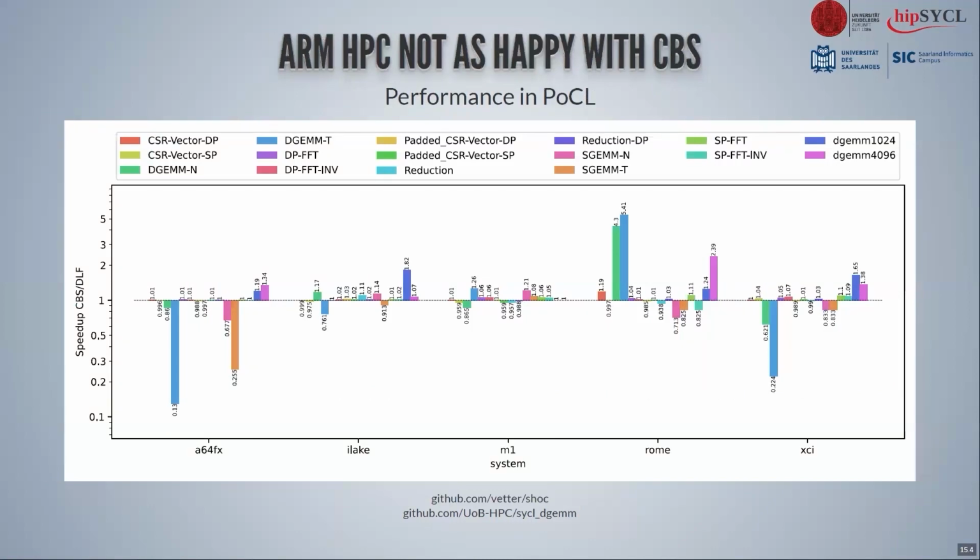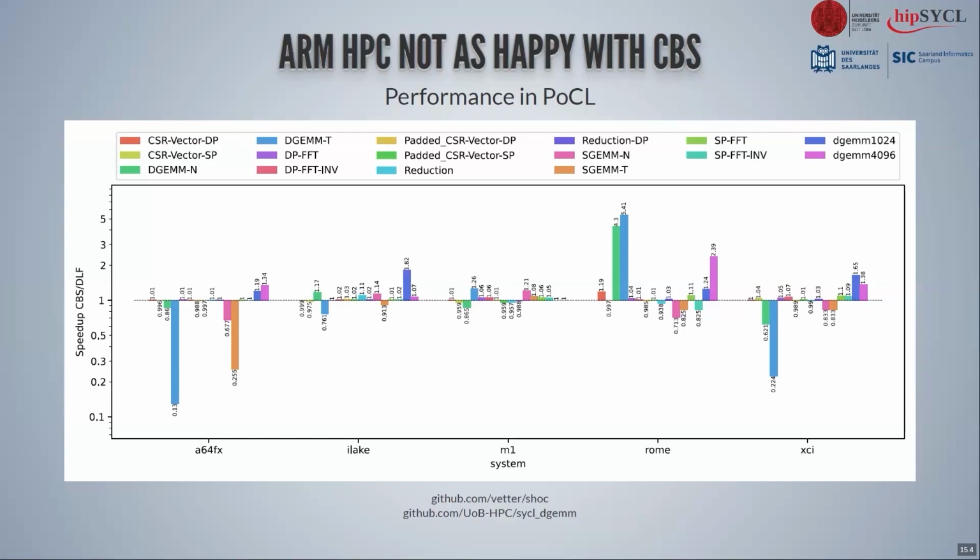There are some more benchmarks that we did in POCL, as I said, just to make sure that we don't miss anything. What is interesting here is that the HPC ARM CPUs, the A64FX and the ThunderX2 Marvell, do perform pretty badly with CBS for some GEMM benchmarks.